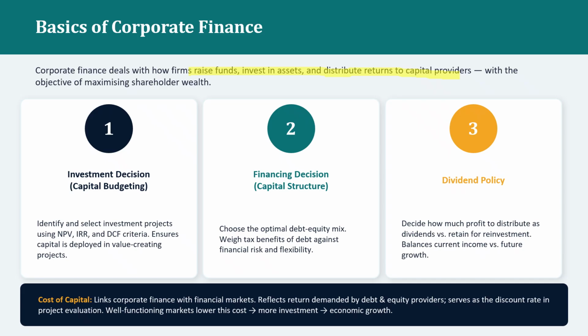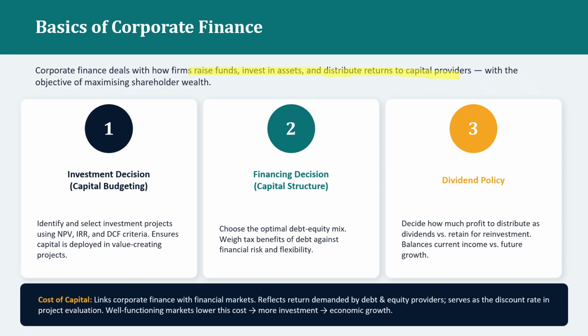The second is the financing decision, also known as capital structure decision. Here, the firm decides the mix of debt and equity it will use to finance its operation and investments. Debt has advantages such as tax benefit because interest is tax deductible, but it also increases financial risk and can lead to distress if the firm cannot meet its obligation.